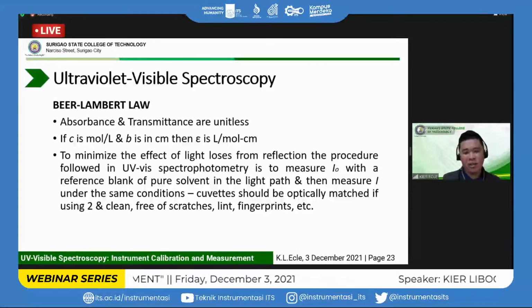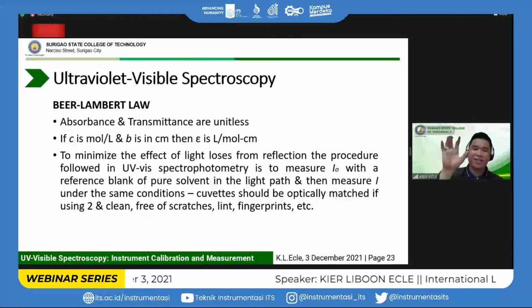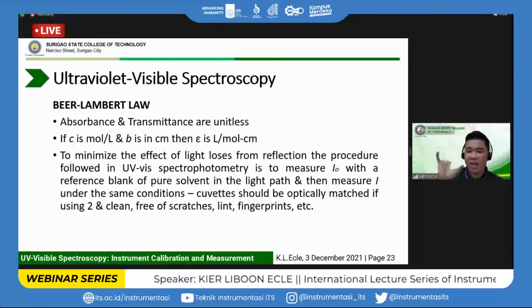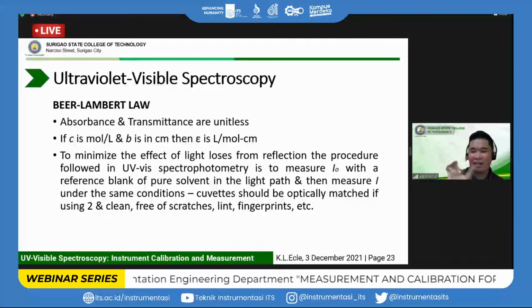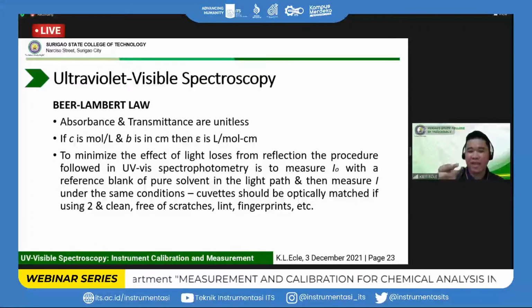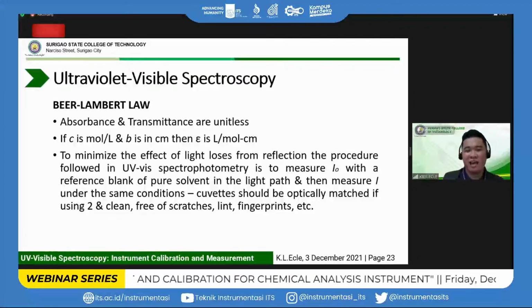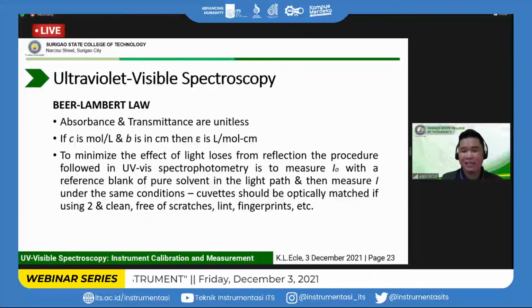That's why in holding your cuvette, there are two faces of your cuvette: the rough face and the shiny face. You do not hold it by the shiny surface, but you need to hold it by the rough surface, because the shiny surface is where the light passes through the sample.